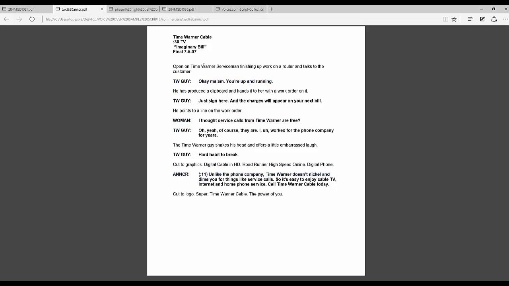Open on a Time Warner serviceman finishing up work on a router and talking to the customer. Okay, ma'am, you're up and running. He produces a clipboard and hands it to her with a work order on it, and the guy says, just sign here, and the charges will appear on your next bill, as he points to a line on the work order.